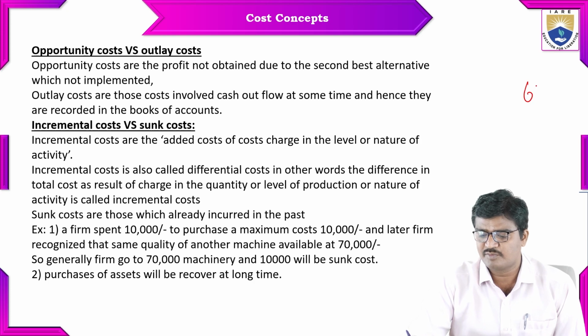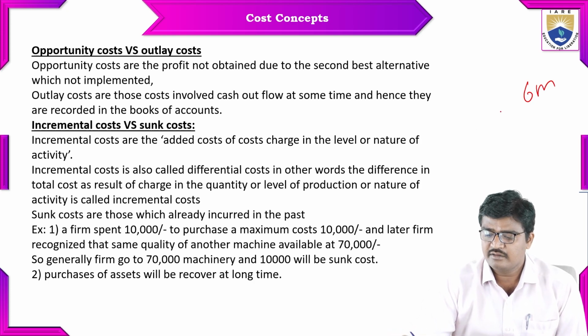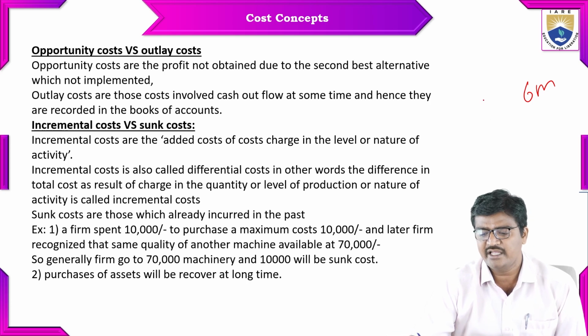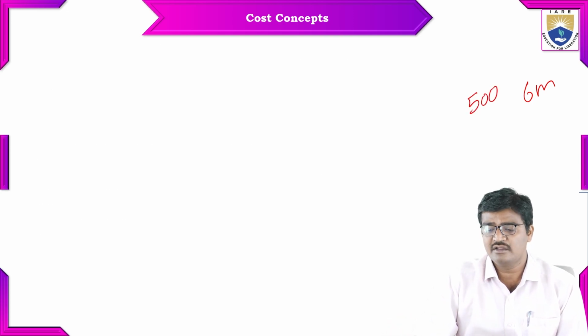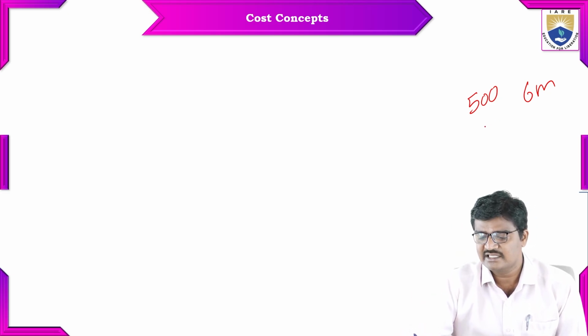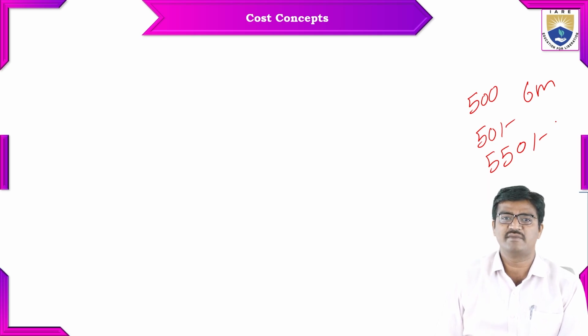It takes 6 months to construct your house. At the beginning of construction, a cement bag's selling price is 500 rupees, and after 2 months the selling price of this bag is increased by 50 rupees, and now the selling price of the cement bag is 550 rupees. This is the incremental cost.